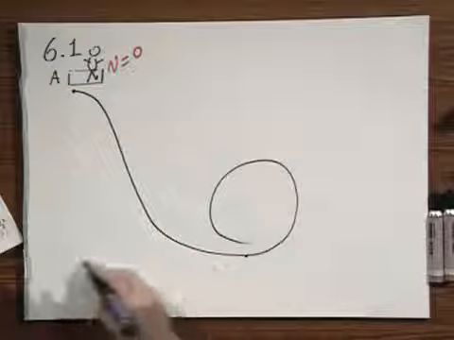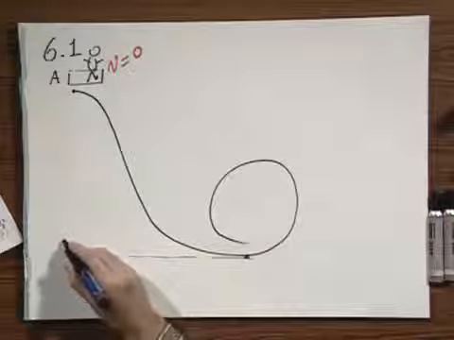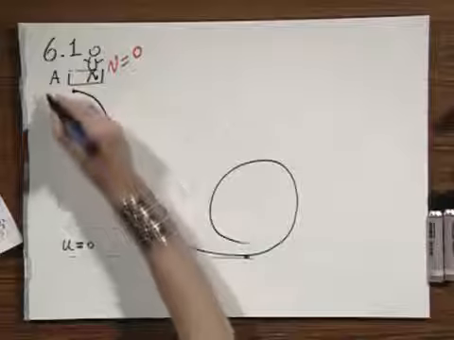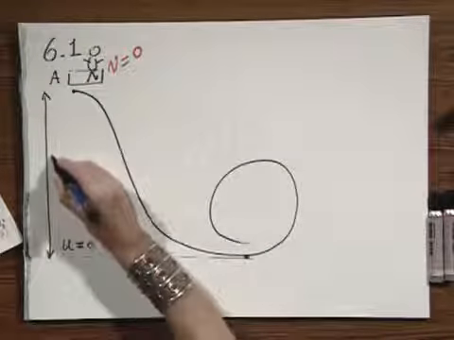Let us call arbitrarily the gravitational potential energy at the ground level 0, so U equals 0, and let this height of A above the ground level be h.